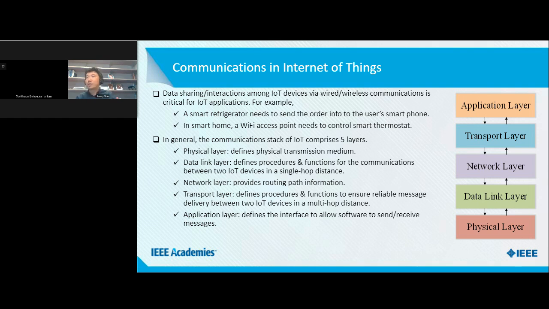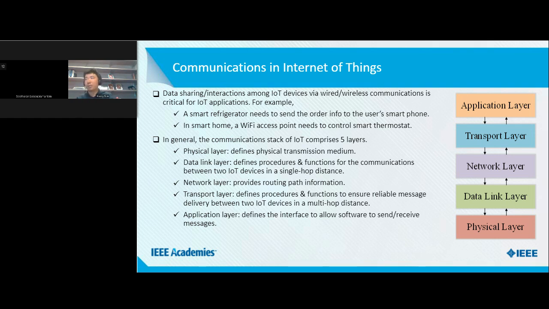For example, in the smart grocery application, a smart refrigerator needs to send the order information to the user's smartphone. And in the smart home application, a Wi-Fi access point needs to control the smart thermostat, right? So how do two IoT devices communicate with each other?